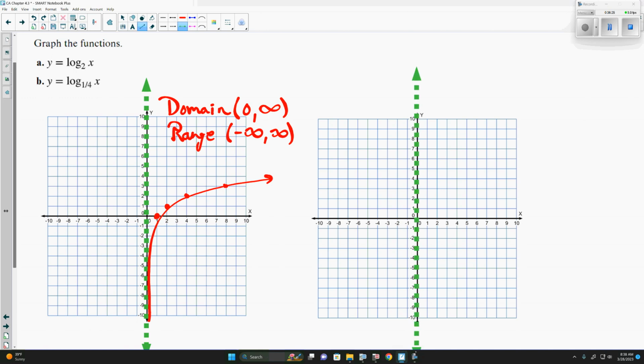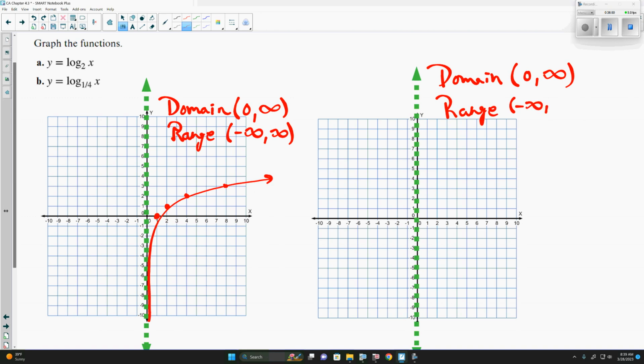It's still x equals 0, the y-axis. And as we saw on the graphing calculator, the domain is still going to be 0 to infinity. We still have that right side of the graph. The range is still going to be all real numbers.